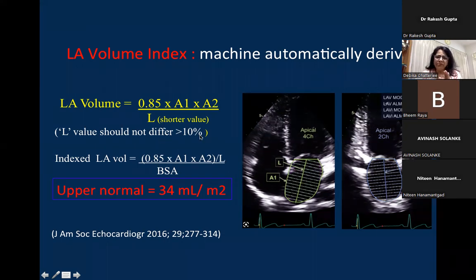If it is more than 10%, you repeat the procedure once again. So that way you get a value, and then you divide it by body surface area, you get the indexed LA volume. And as per the ASE guidelines, the upper limit of normal is 34 ml per square meter body surface area.